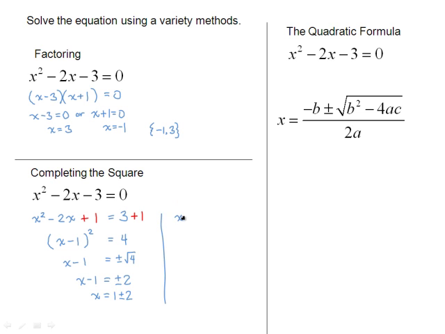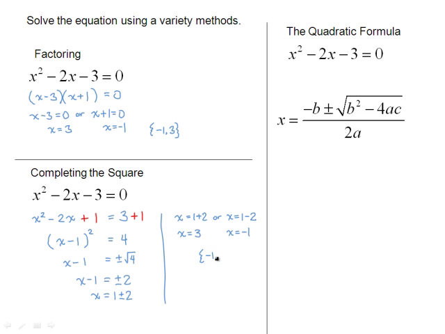So we know that either x equals 1 plus 2 or x equals 1 minus 2. Well, 1 plus 2 is 3, and 1 minus 2 is negative 1. So as you see, we get the same result.